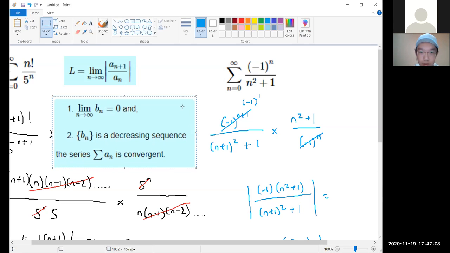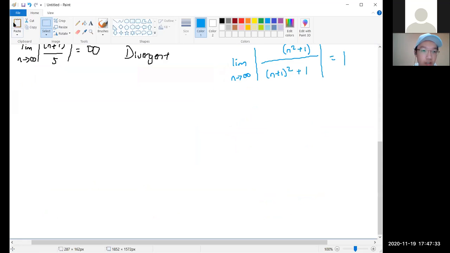So here it is. Check to see if the limit goes to 0. Yep, and then you have to make sure that it's also decreasing, right? So let's do that. Okay, so this is the work for the ratio test, which failed. So let's try again with the alternating series test.